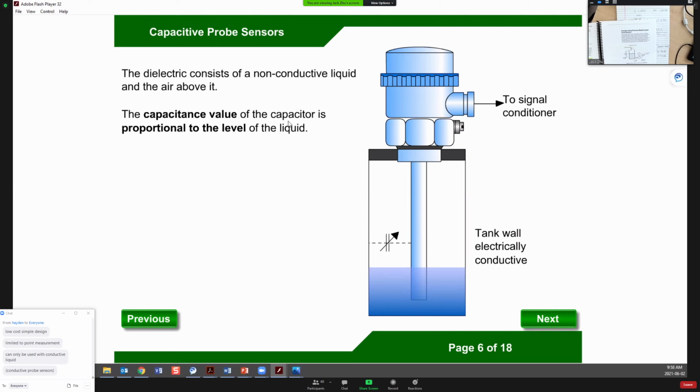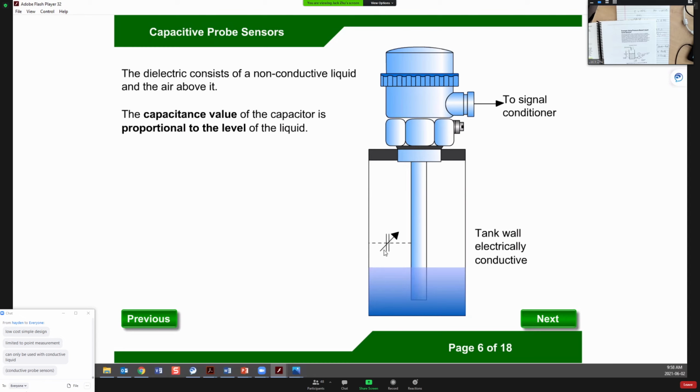The capacitance value of the capacitor is proportional to the level of the liquid because the air has a different permittivity than the liquid down here. The liquid will have a different permittivity.